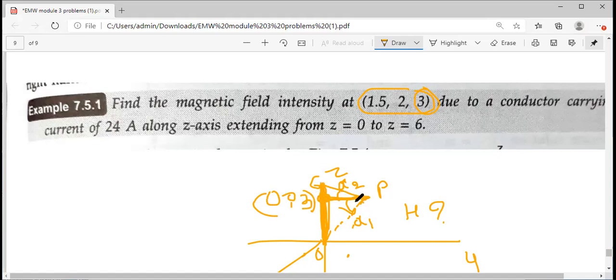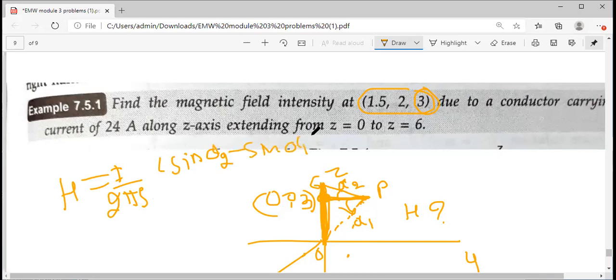So दो triangles available हैं आपके पास. उस triangle से taking the tan value, calculate alpha 1 and alpha 2 and use this formula H equals I by 2 pi rho, sin alpha 2 minus sin alpha 1. Important यहाँ पे ये है, आप conductor को locate करेंगे, alpha 1 व alpha 2 कौन सा positive है, negative है, find the values and this will be in A5 direction.